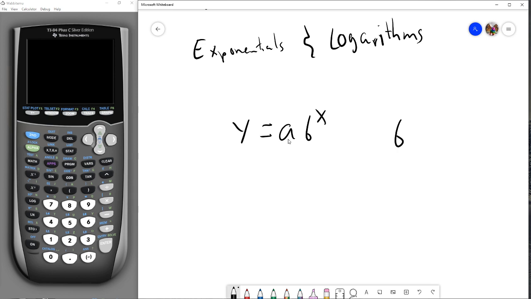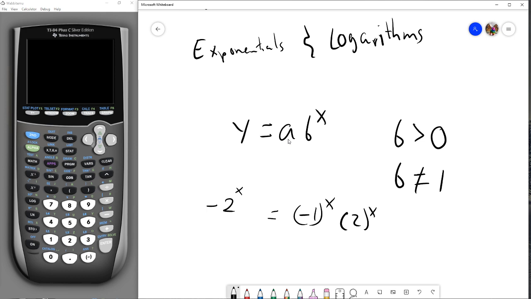And we stipulated that b is going to be greater than 0 and b does not equal 1. We stipulated it had to be positive because a negative base to an exponent, like negative 2 to the x, creates problems. You can think of it as negative 1 to the x times 2 to the x.